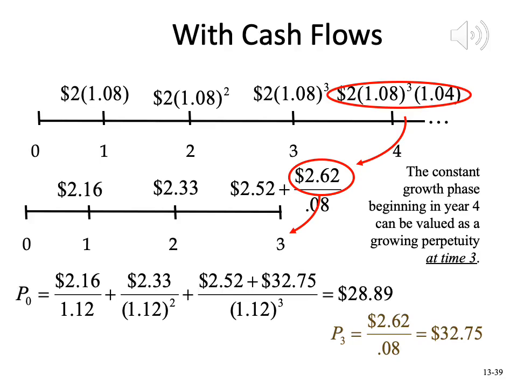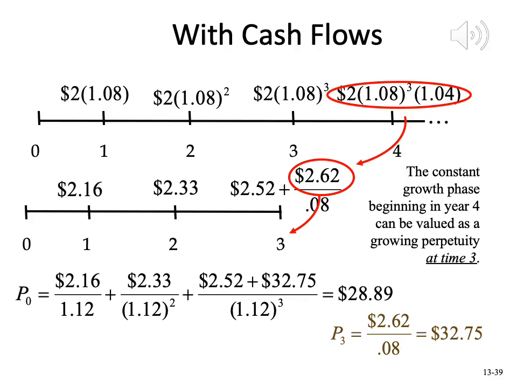So P3 equals D4 divided by K minus G. K minus G is 12% K minus 4% constant growth rate, 8%. So P3 equals D4, $2.62 divided by 8%, $32.75. So to calculate the total price of the stock, we need to discount back all the future cash flows.